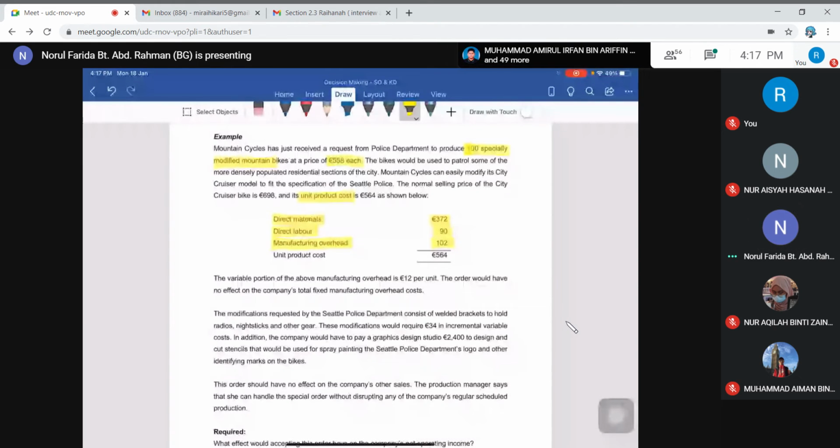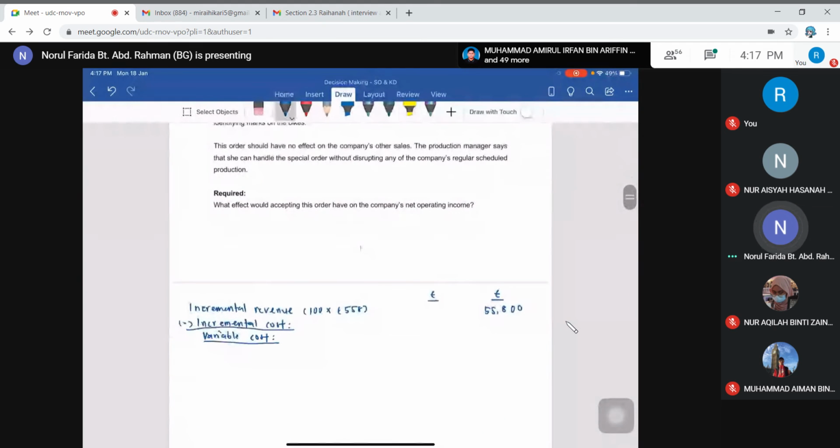For variable cost, you have direct materials: 100 units times 372, that is 37,200. And then direct labor: 100 times 90, that will be 9,000.